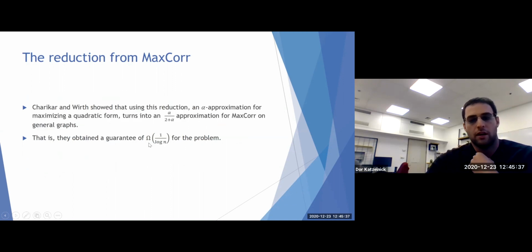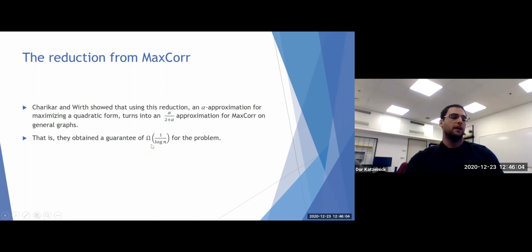So if you take this omega of 1 over log n approximation for max quad and plug it into this expression, you get an omega of 1 over log n approximation for max core. So this is a very nice reduction that gives you a nice approximation for the problem.